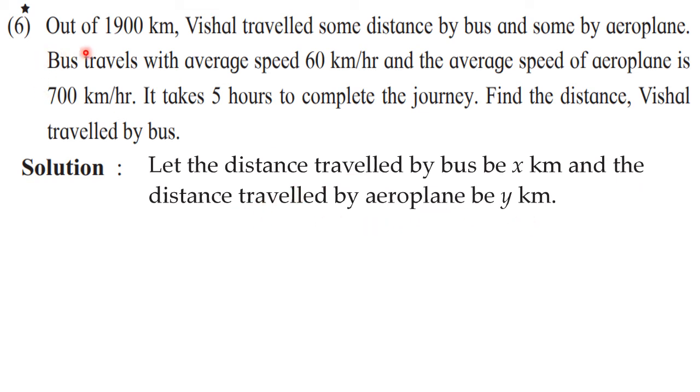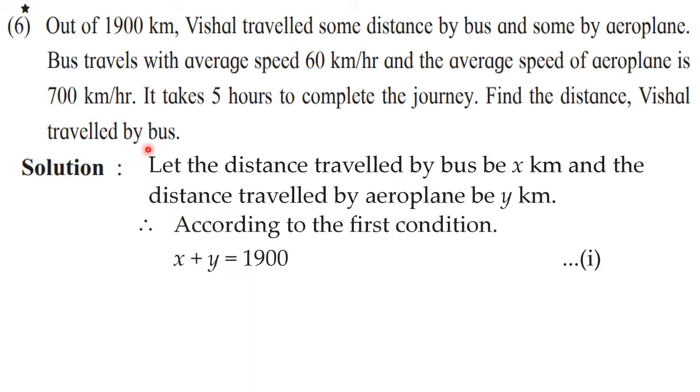Now see, total distance is how much? 1900 kilometers. That means distance traveled by bus plus distance traveled by aeroplane is 1900 kilometers. So we can say that x plus y is 1900. So framing equation 1 is very easy. Only thing is that you should write it properly.